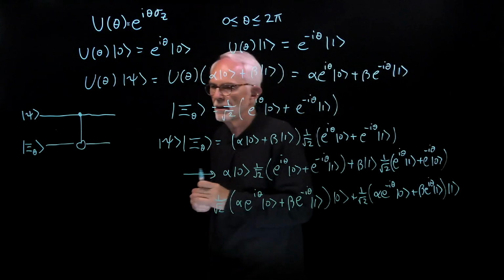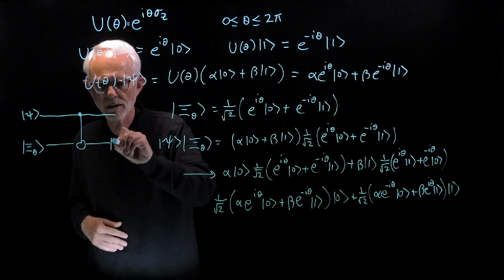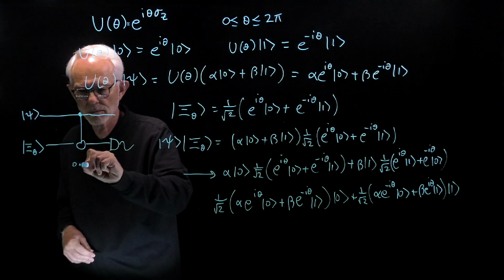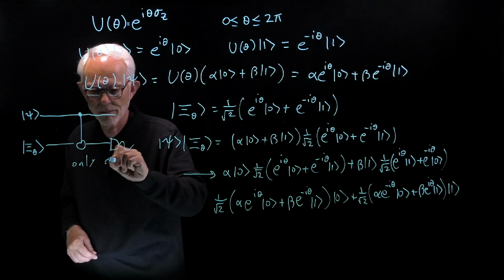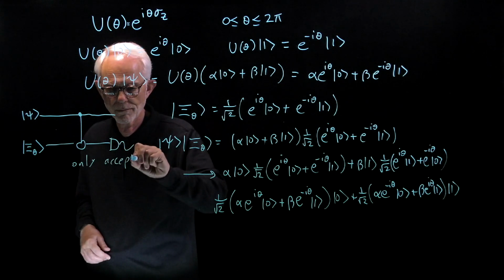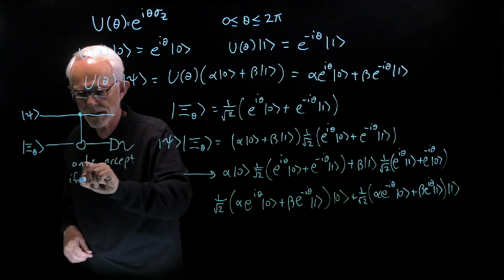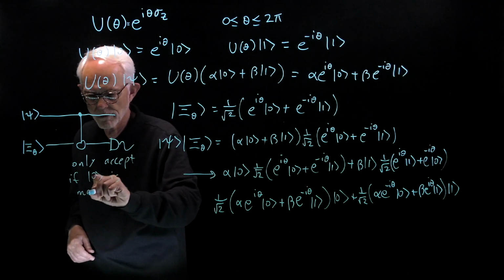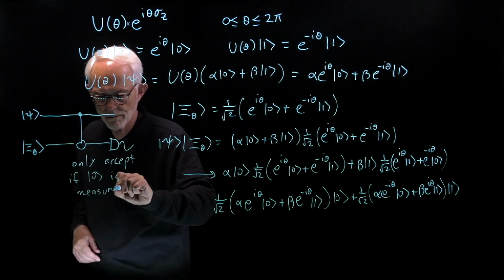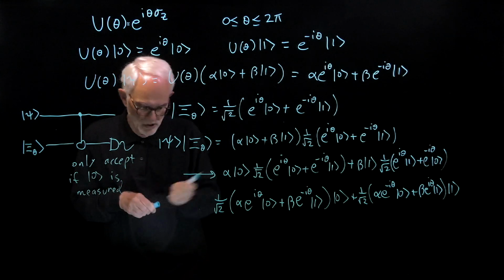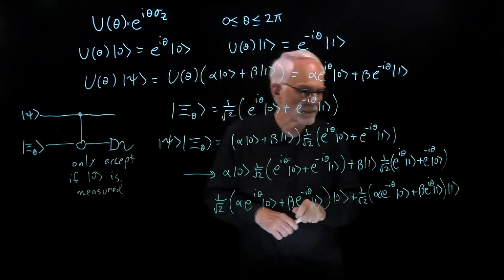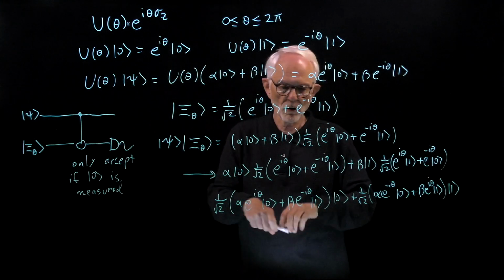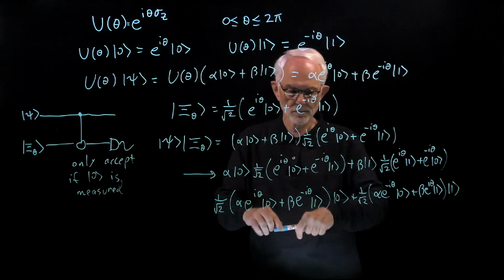Well, what I do is I put a detector here, and I only accept if 0 is measured. So if I do that, if I do in fact get a 0, I'm going to get exactly what I want.